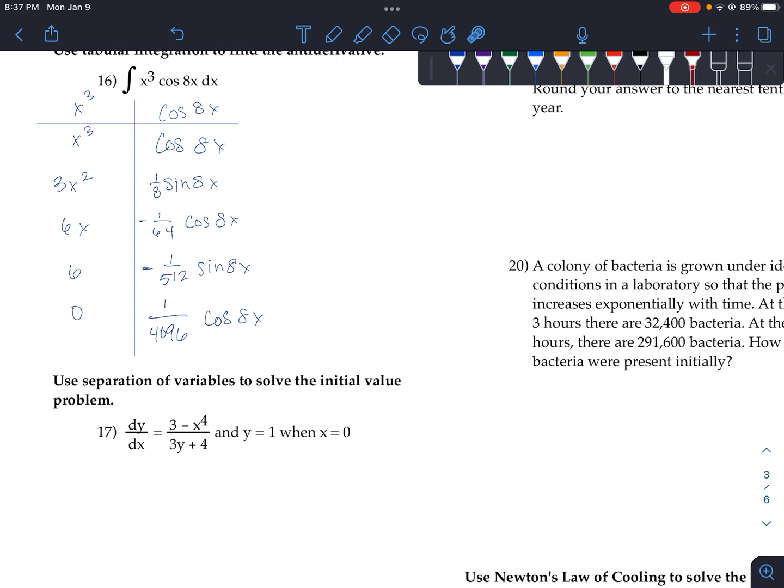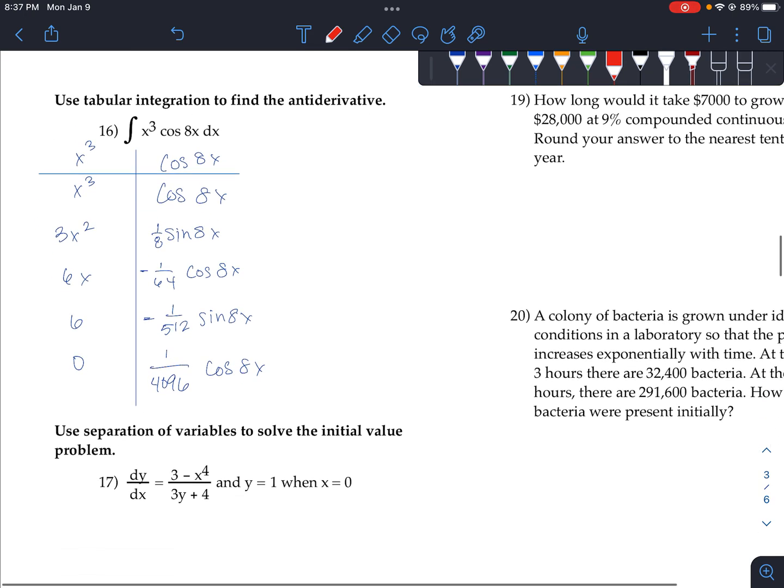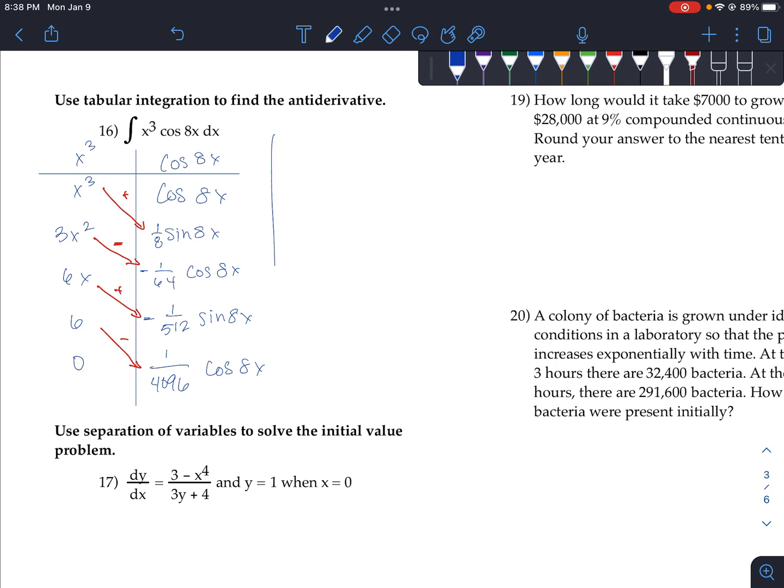For the tabular method, this will be multiplied with this with a positive, those with a negative, those with a positive, those with a negative. So then my answer should be equal to 1 over 8 x to the third sine of 8x.